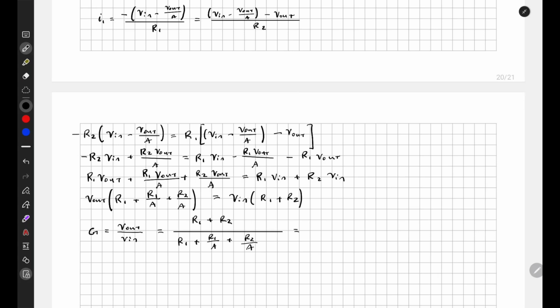First thing is, let's divide both the numerator and the denominator by R1.